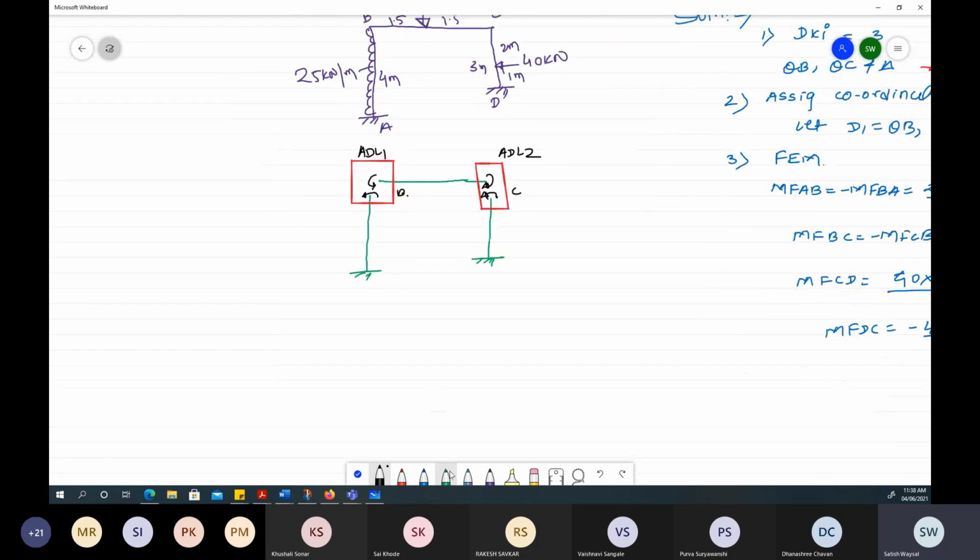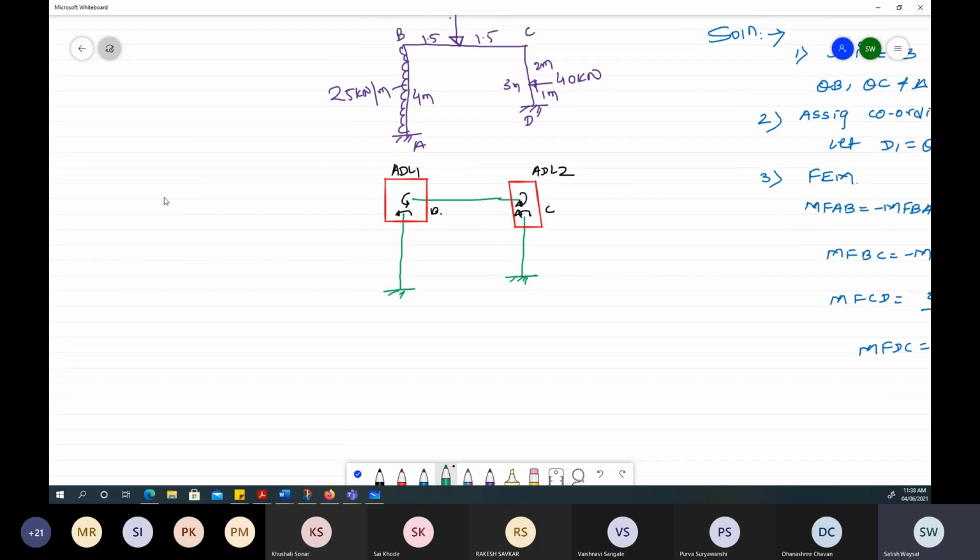For ADL3, I can draw one more separate diagram. Here we can show, but this will again create some confusion for you also. Let us say that some load is acting over here. In that circle, one reaction is there. Similarly, one load is acting over here.